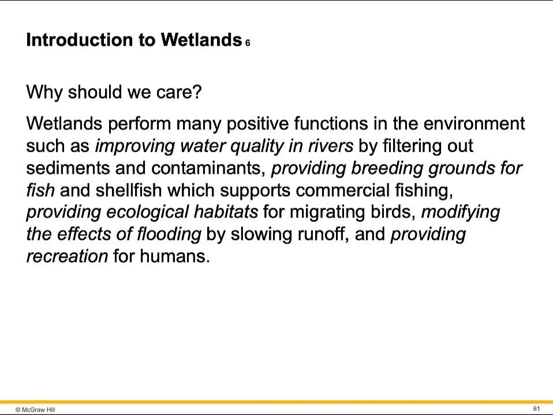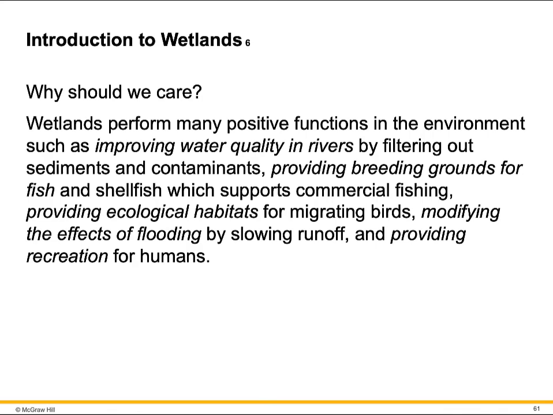Wetlands actually perform many functions in the environment, such as improving water quality in rivers by filtering out sediments and contaminants, providing breeding grounds for fish and shellfish, which support commercial fishing, providing ecological habitats for migrating birds, modifying the effects of flooding by slowing runoff, and providing recreation for humans.